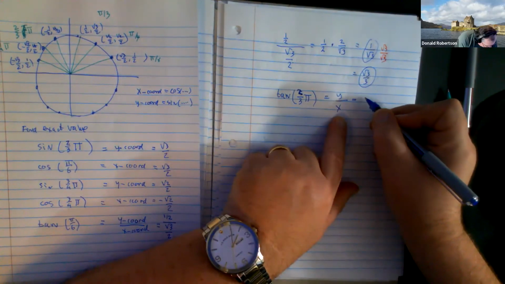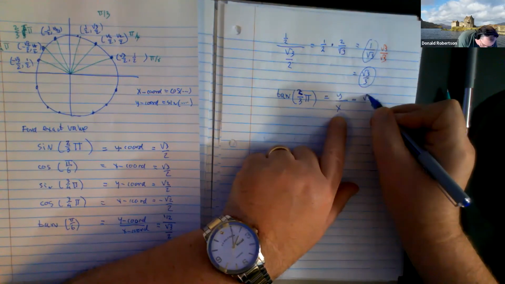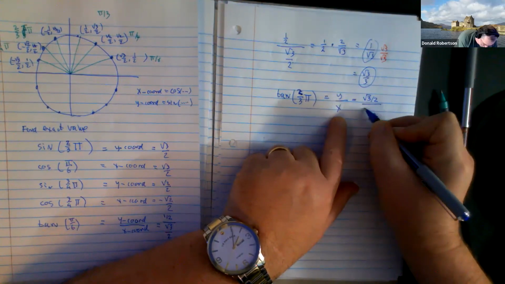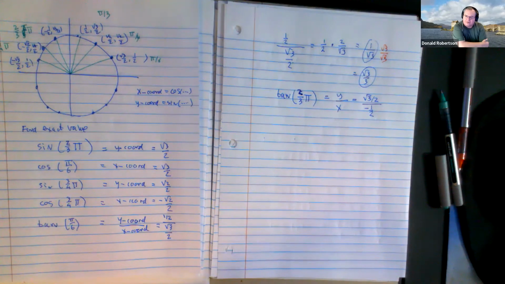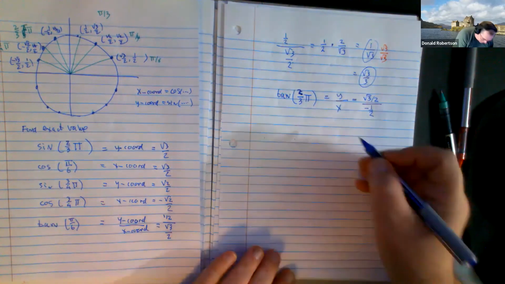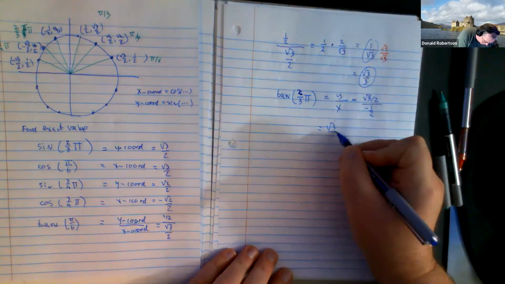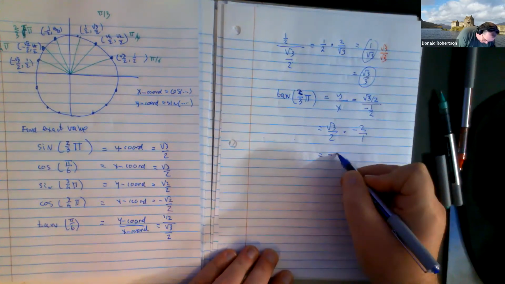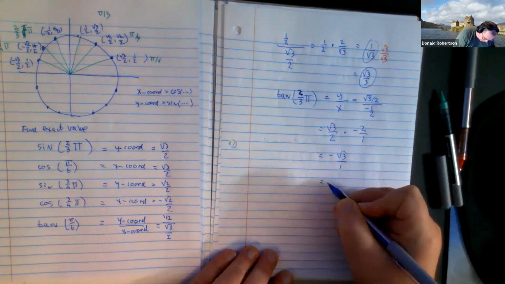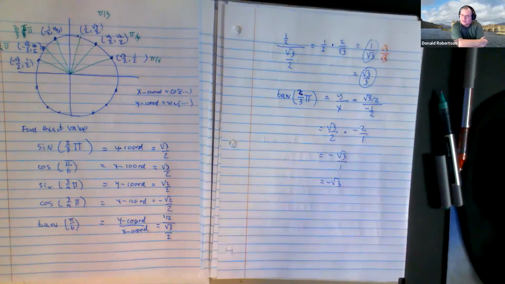And this time it's going to be √3/2 divided by -1/2, right? Y coordinate divided by x coordinate. That's going to be the top fraction multiplied by the reciprocal. And in this case, oh, the answer was a lot quicker, wasn't it? Easy to fix.